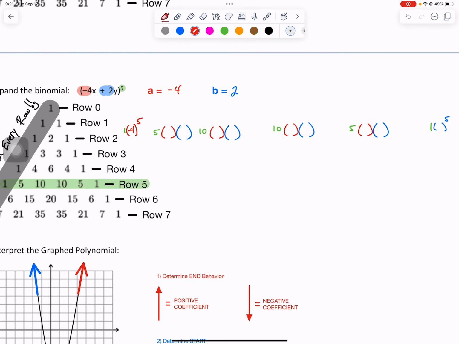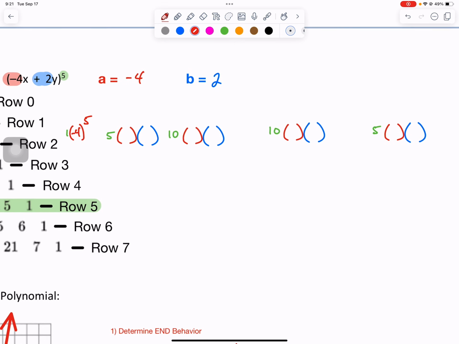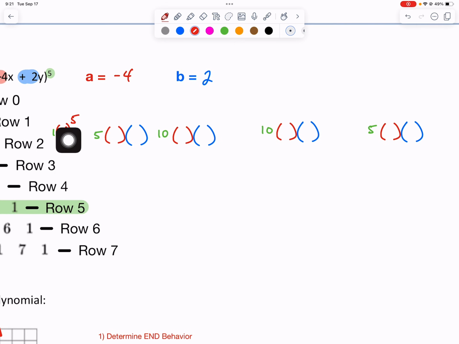Now, for the rest of what we're going to be raised to for our exponents here, for our a values, in red, I'm just going to go 5, and count down to 1. So I'm going to go 4, 3, 2, 1. We already have the 5 written.